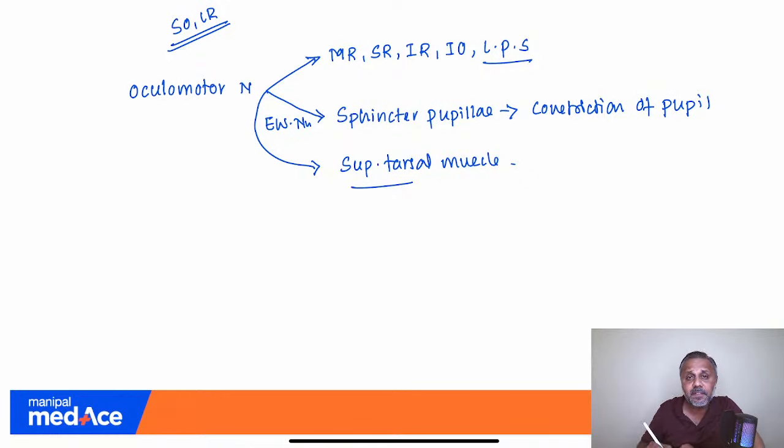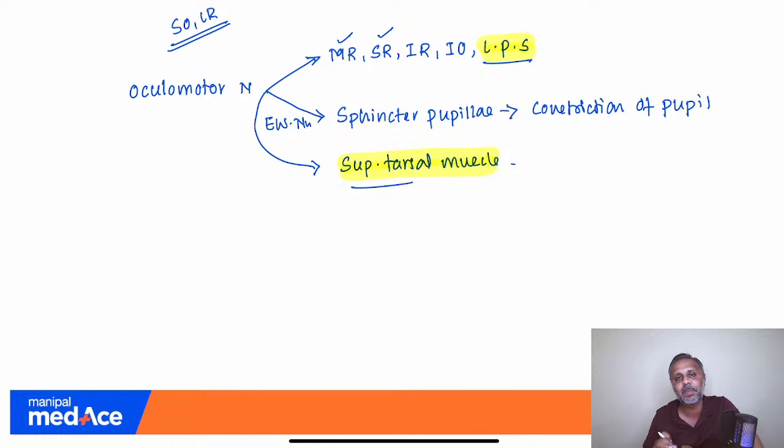Now, if the oculomotor nerve is paralyzed, the medial rectus is paralyzed, and this will result in failure of adduction of the eyeball. If superior rectus is involved, failure of the elevation of the eyeball, adduction of the eyeball, and intorsion of the eyeball. So what we are looking at here are these two important muscles, levator palpebrae superioris and superior tarsal muscle.